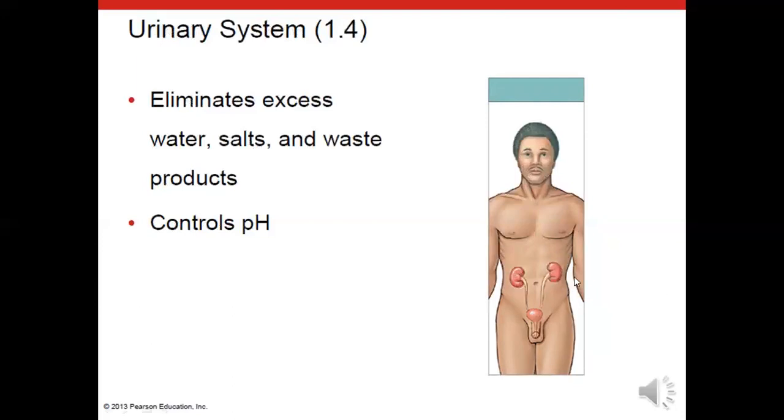Remember, what other system is the kidney a part of? The endocrine system, right? So the kidney produces urine, and basically as a component of urine, these wastes and excess salt and water are part of urine. It's what creates it, sent through this tube called a ureter to the bladder, and then you excrete it and eliminate that waste from the body.